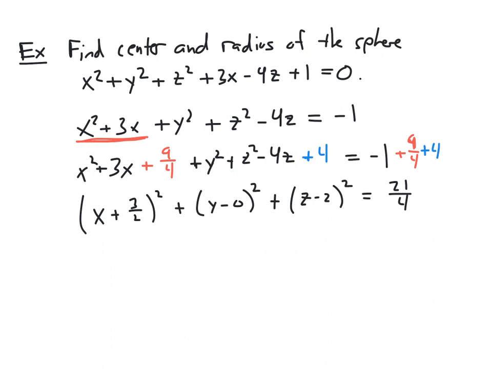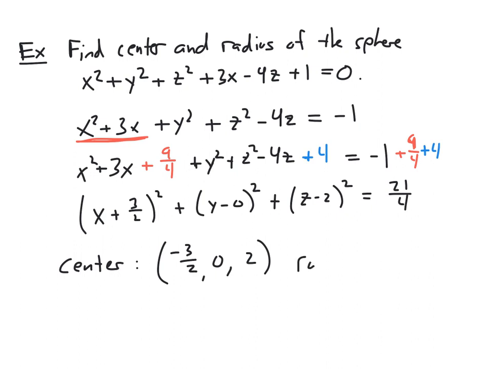Right? And so from this form, we can just read off what we want to know. So the center of this sphere is going to have coordinates (-3/2, 0, 2).